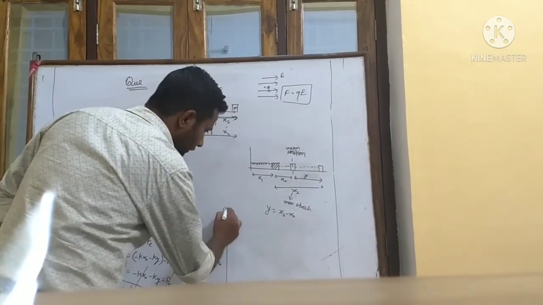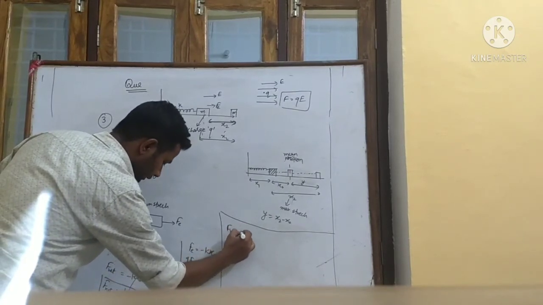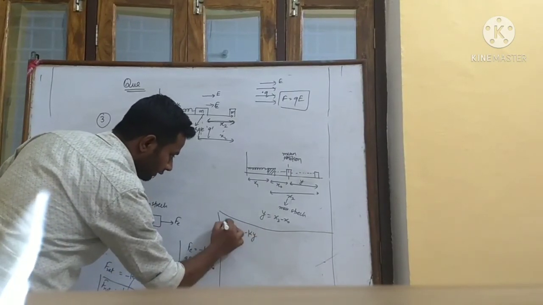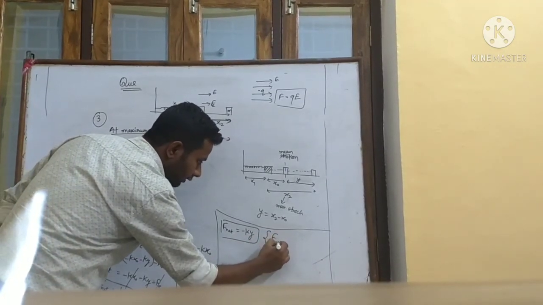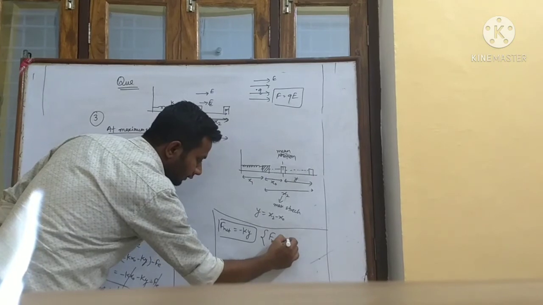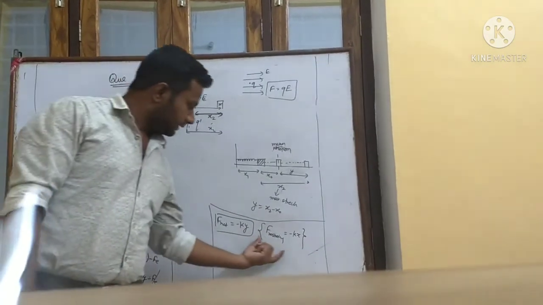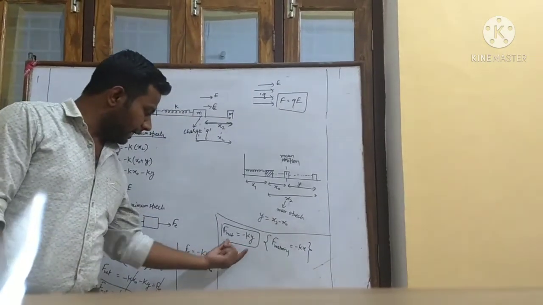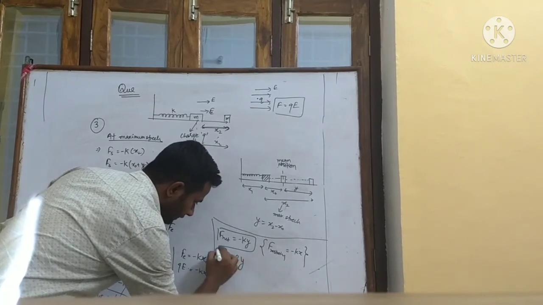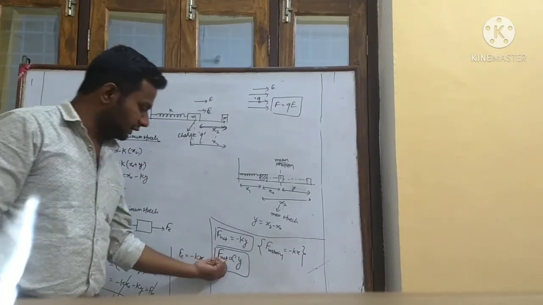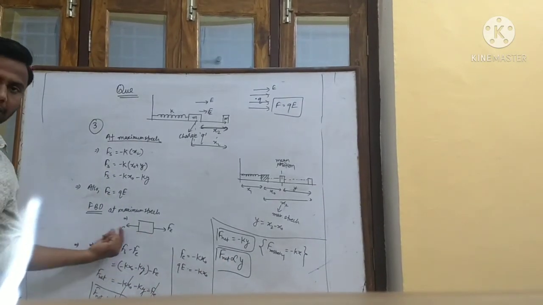So again now, this F net is equal to minus ky. It is similar to the restoring force minus kx. Is this similar? Yes or no? This F net is proportional to y, which is the displacement. And this net force is a restoring force, because of this F net this block is coming back.